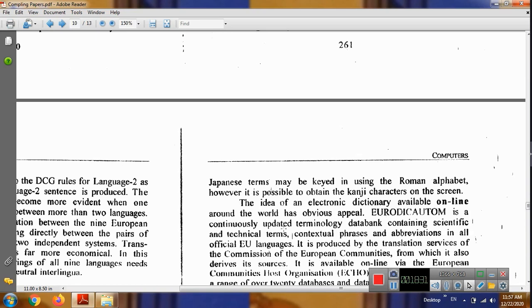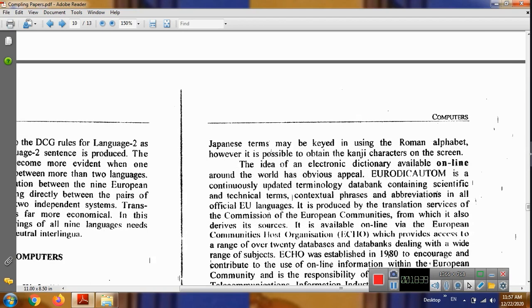Eurodicautom is a continuously updated terminology databank containing scientific and technical terms, contextual phrases and abbreviations in the official EU languages. It is produced by the translation services of the Commission of the European Communities, from which it also derives its source.